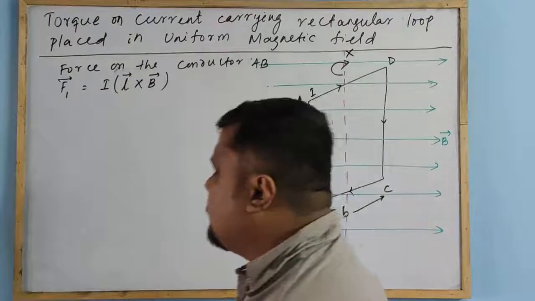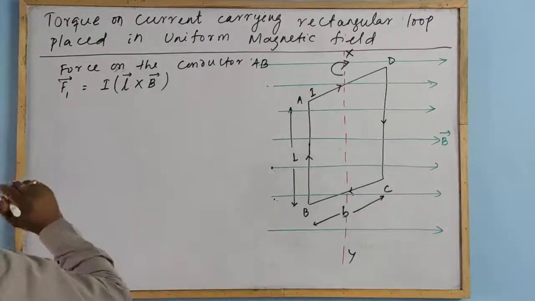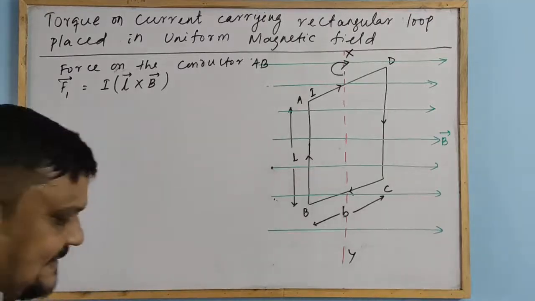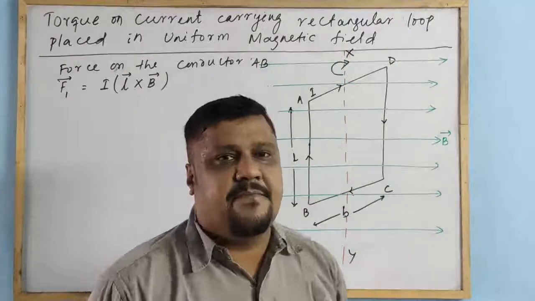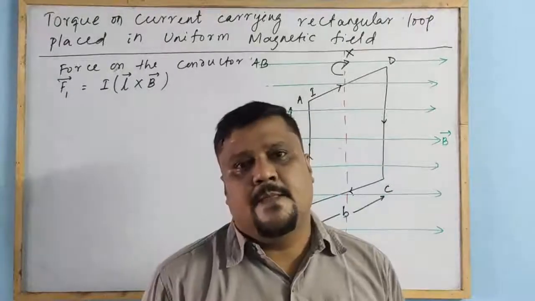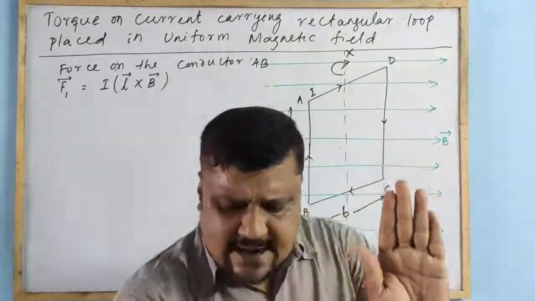Now what is the angle between this L and B? Let me find that. Think that this is the loop.